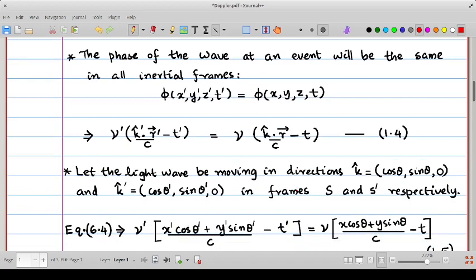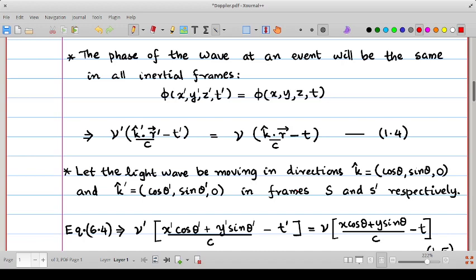Now we assume that the electromagnetic wave is propagating along a direction k, which makes an angle theta with the x-axis in the frame S. And we assume that this vector k lies in the xy plane.